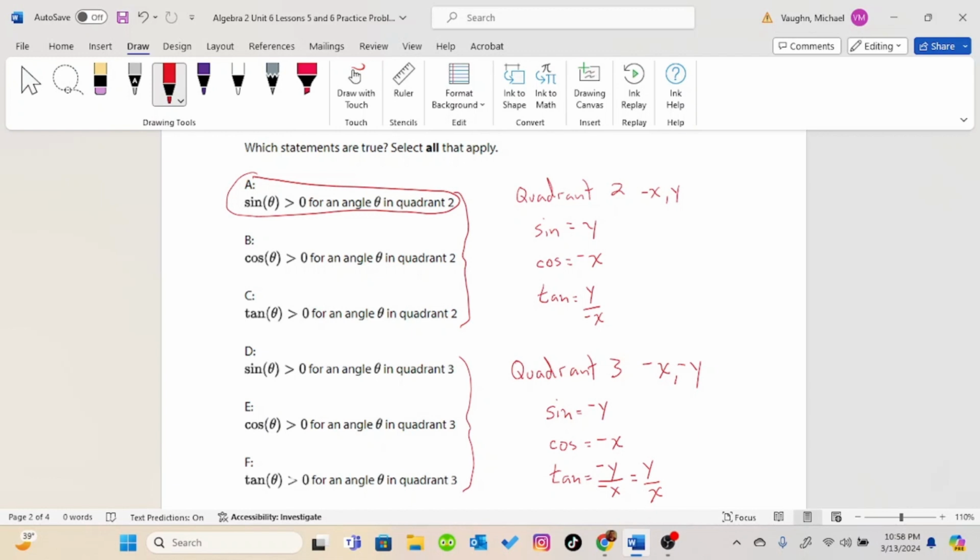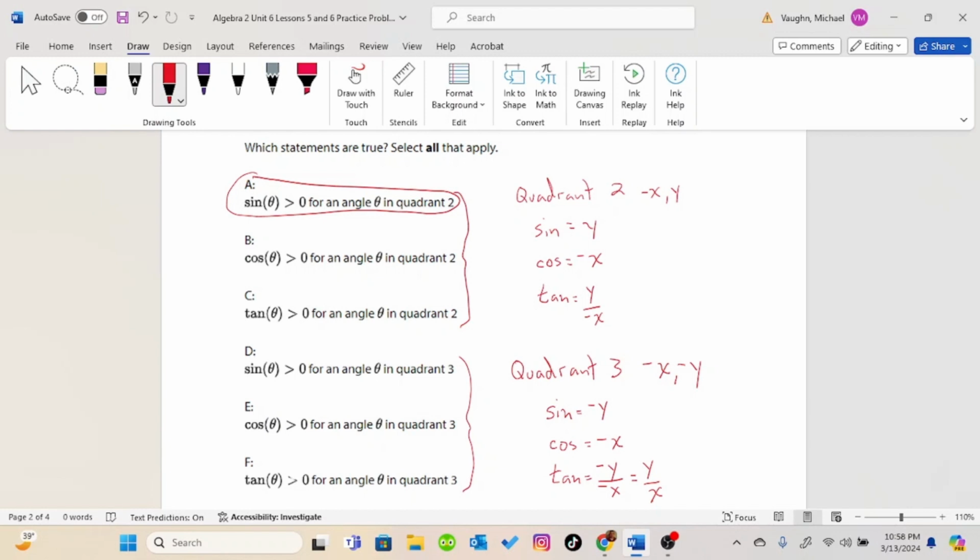So D says sine is greater than 0, which means sine is positive. That is not true. Sine is negative. E says cosine is greater than 0, which means cosine is positive. And that is false because negative x is cosine in quadrant 3.